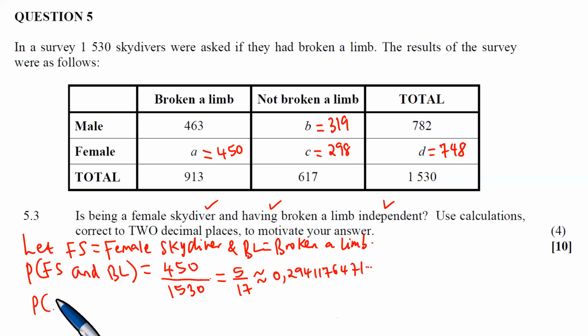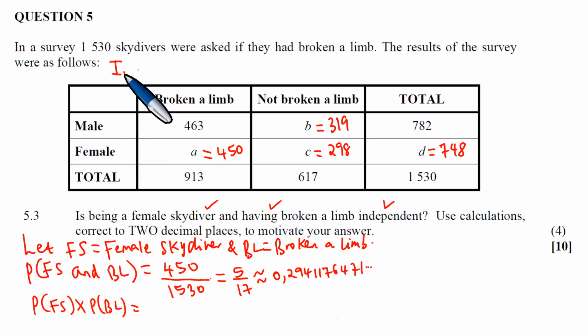The probability of a female skydiver times the probability of broken a limb. What does independent events mean?